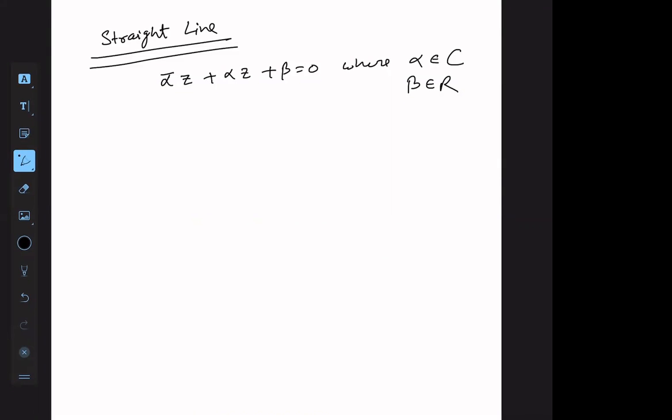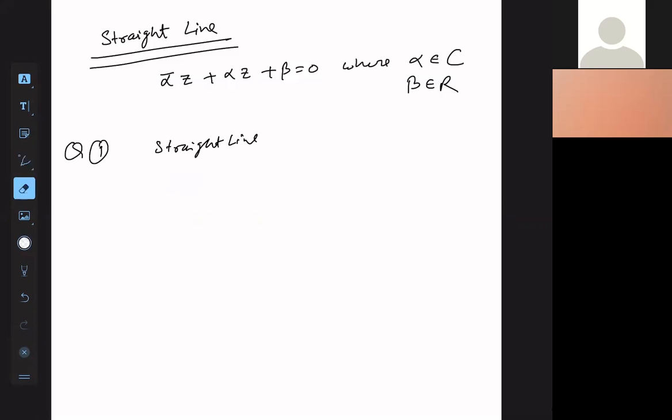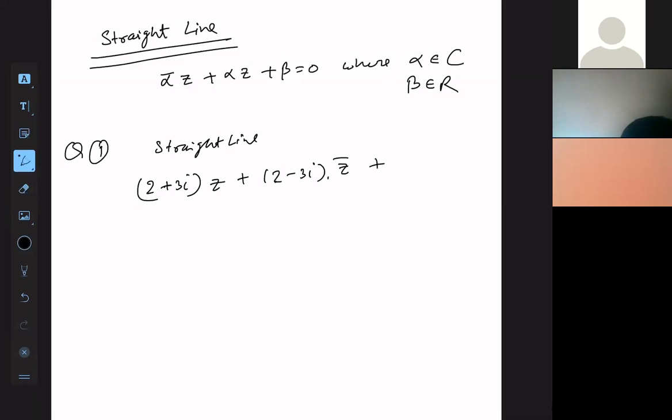Basically, you should remember, if any equation is given in this form, for example, a straight line is given: (2 plus 3i) z plus (2 minus 3i) z bar plus 5 equal to 0.